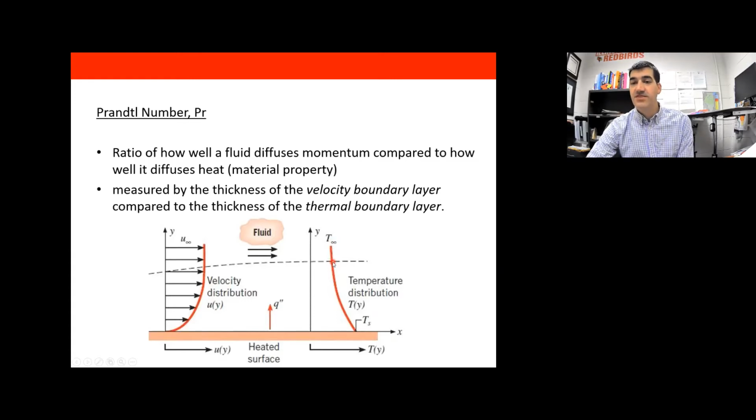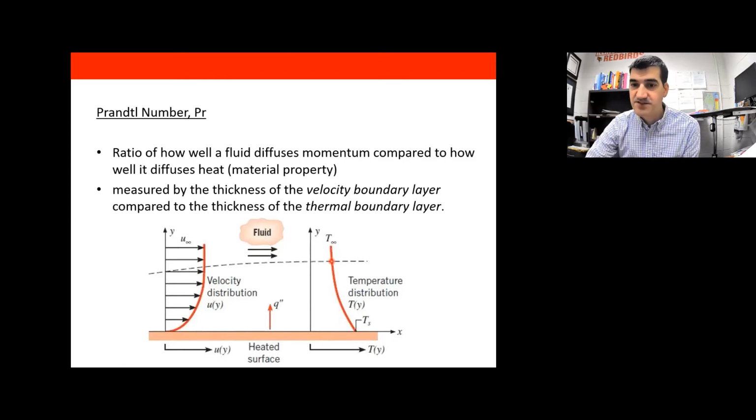So the thermal boundary layer thickness is equal to the distance from the surface to the point in the fluid where the temperature is 99% of the way from the solid surface temperature to the bulk fluid temperature.